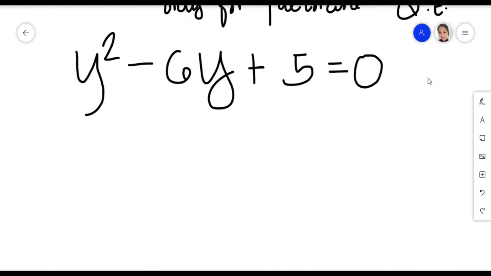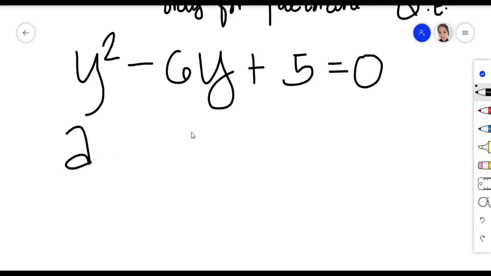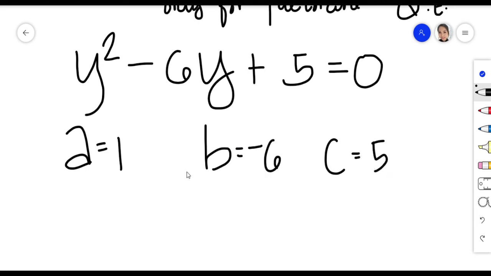Okay, so how do we solve this using the Vedic method? First, again, identify our a, b, and c. That's the first step. So our a again is 1, our b is negative 6, and our c is positive 5. Afterwards, multiply our a and c. So 1 times 5 is 5.